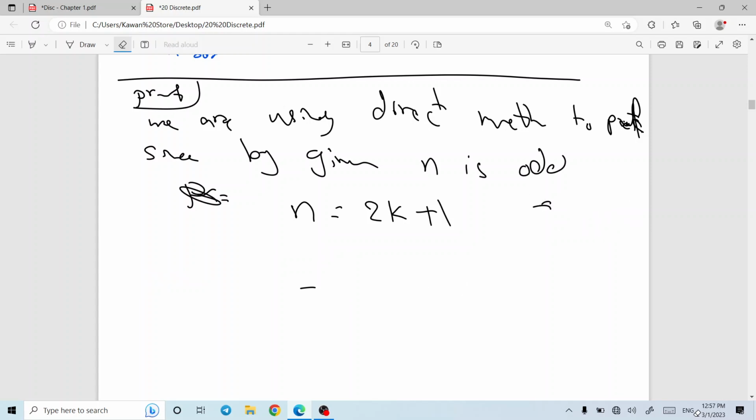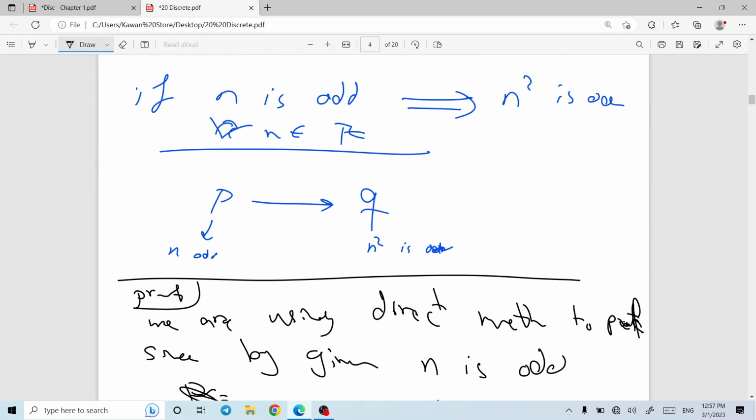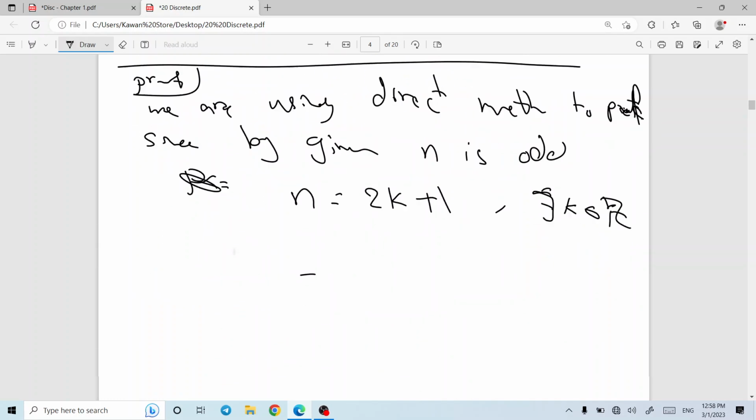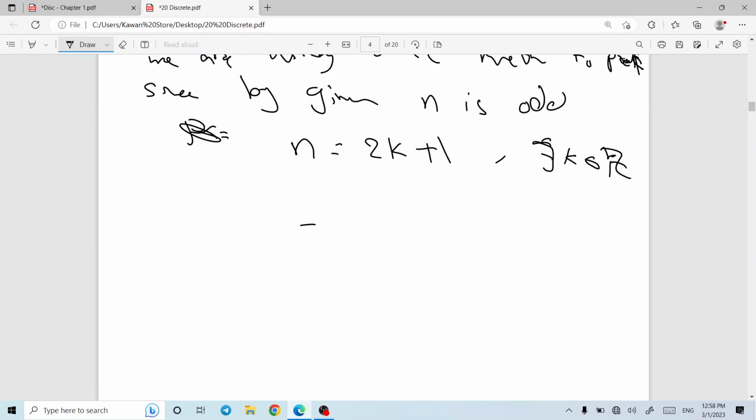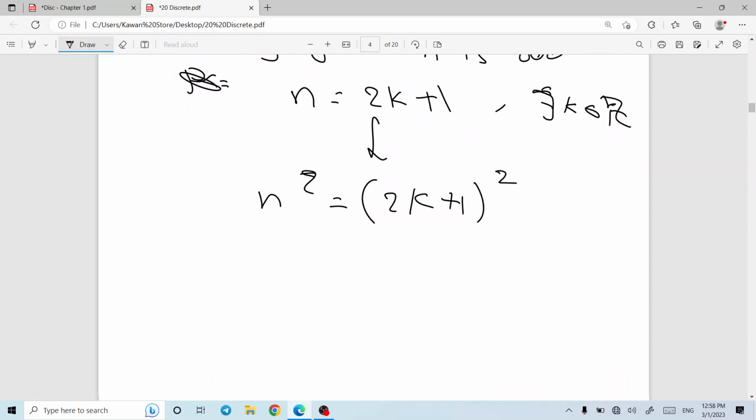Let me remind you: we want to show n squared is odd. That's your duty. Now n squared is equal to what? (2k plus 1) squared. Am I right? So n squared equals what?